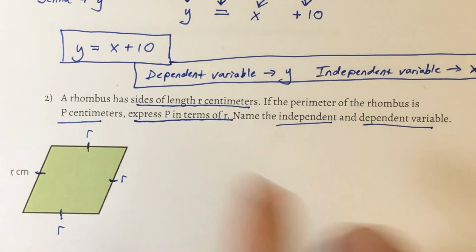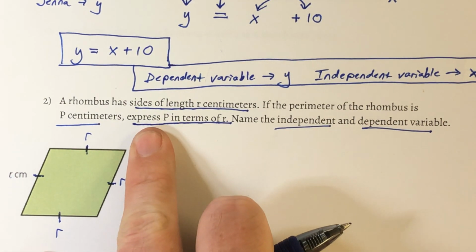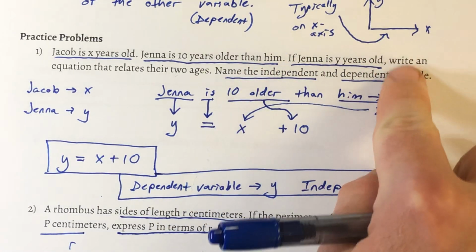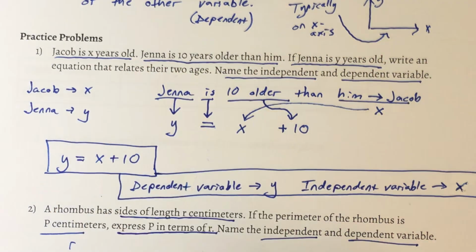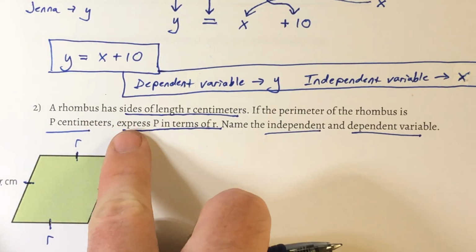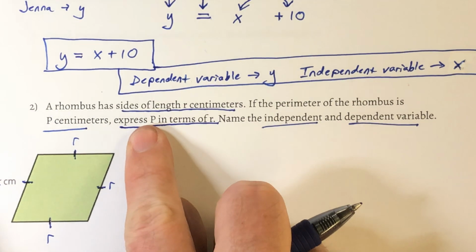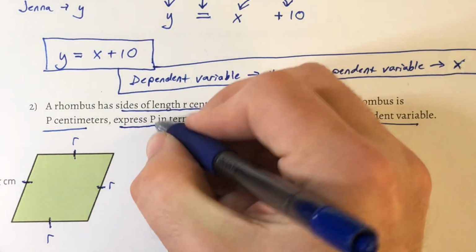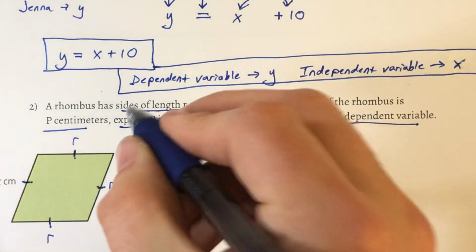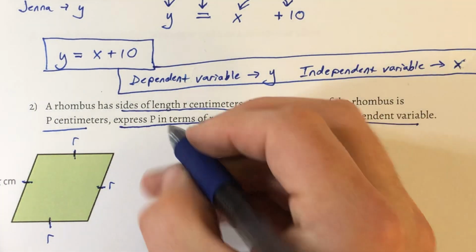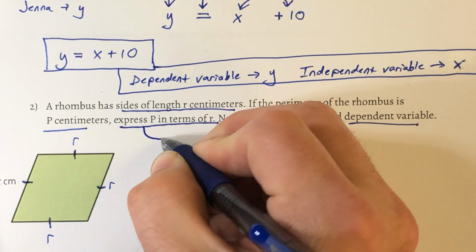So you'll notice that this question had different phrasing than this one. This one said, write an equation. This one says, express P in terms of r. This is our shortcut phrase. If you see this phrase right here, express P in terms of r, or express X in terms of Y, or express anything, what does that mean?